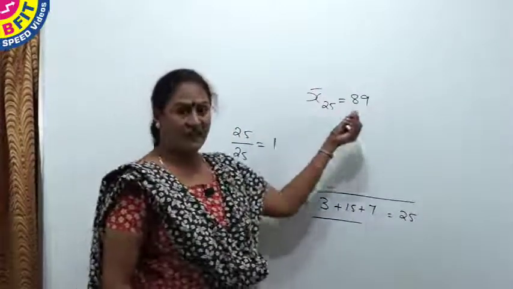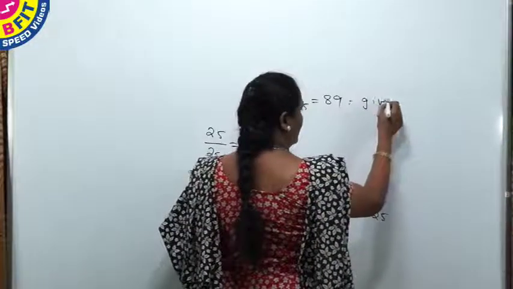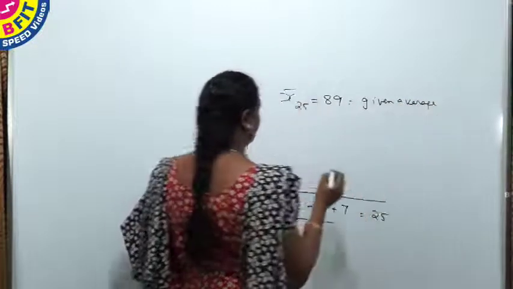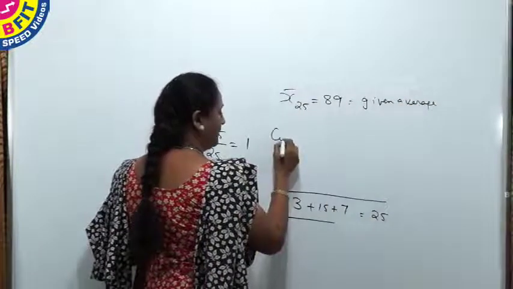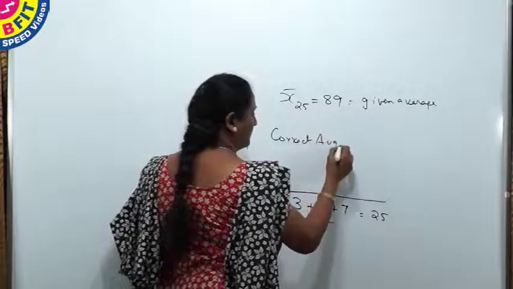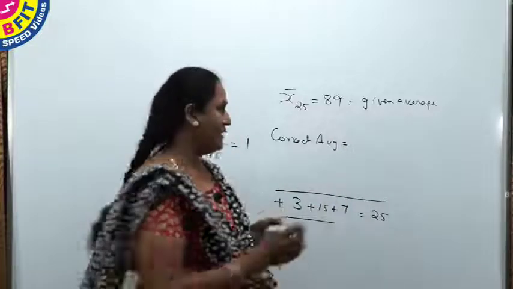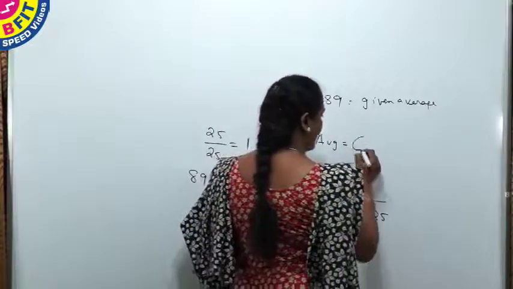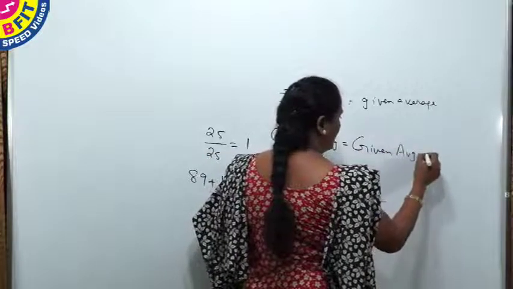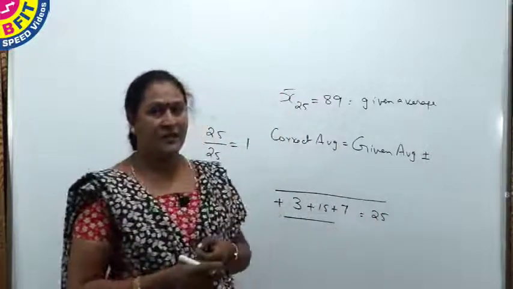So here this 89 is the given average. To find the correct average, with the existing average, that is the given average, we add or subtract the difference between the entries.